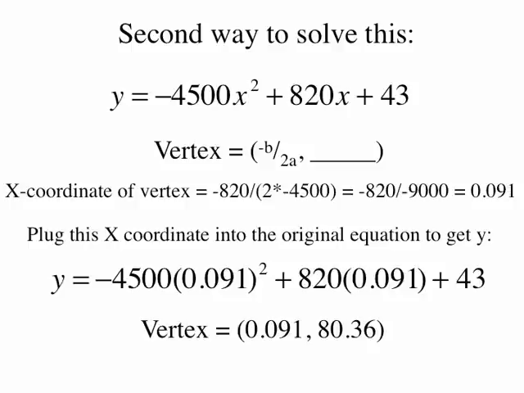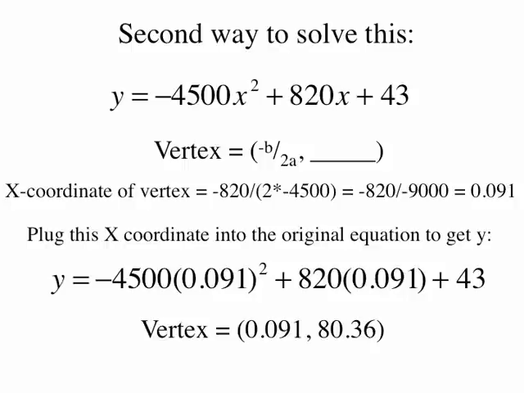When you do that, you'll see that the x-coordinate of the vertex is 0.091. That tells you how many seconds it takes for the spider to reach the top of his little jump. The y-coordinate of the vertex is 80.36. That tells you how many millimeters high he is at the top of his jump.